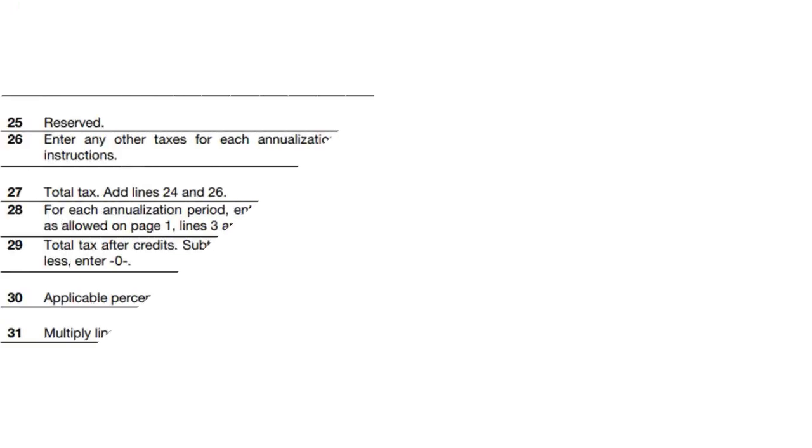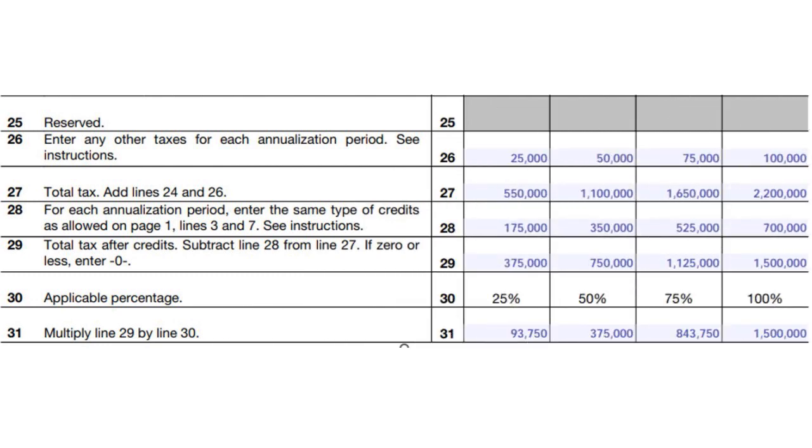Okay, and from line 26 all the way through line 31, the explanation is pretty self-explanatory. We're going to leave this on the screen so you can go through the math. But basically, you just have to follow the instructions that the IRS put on this form to calculate the amount you should be putting on line 31.